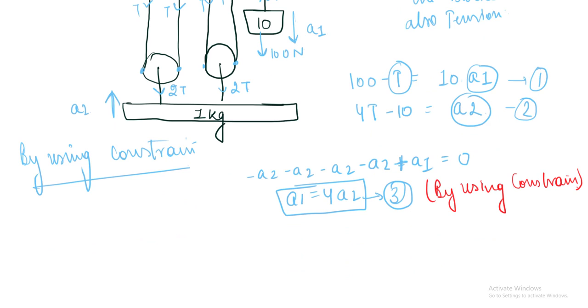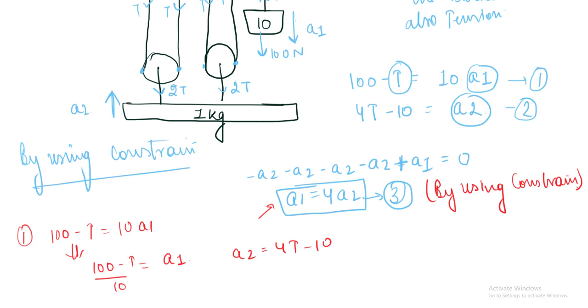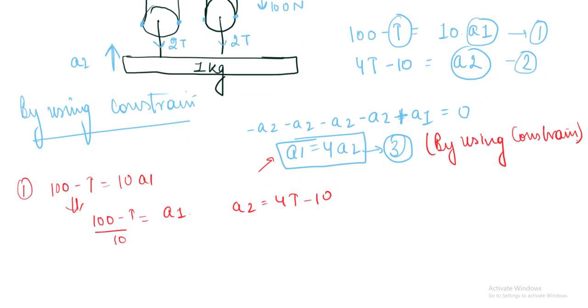So a1 from the first equation, that is 100 minus T is 10 a1. So a1 is 100 minus T by 10, and similarly a2 is 4T minus 10. By using this, a1 is equal to 4a2.